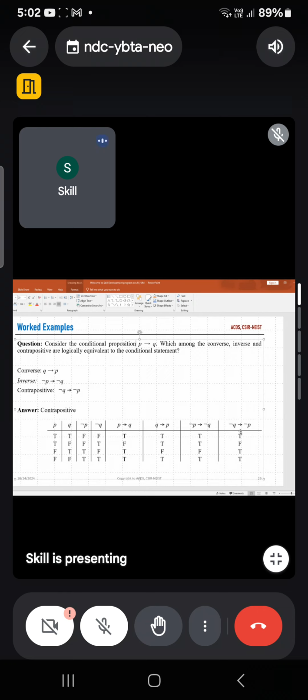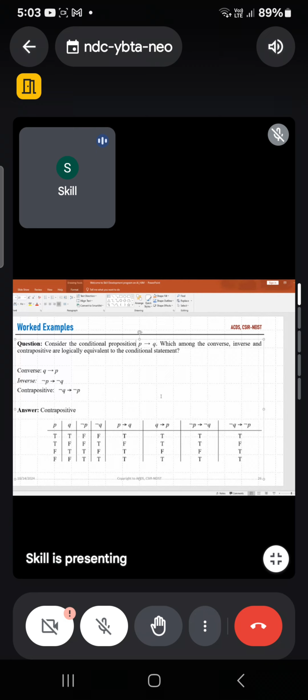And similarly, we will take first P, then imply Q, then imply P. First we'll take negation of Q: false and false. So true, true, false, false, then false, true, true. Then both are true, so true.